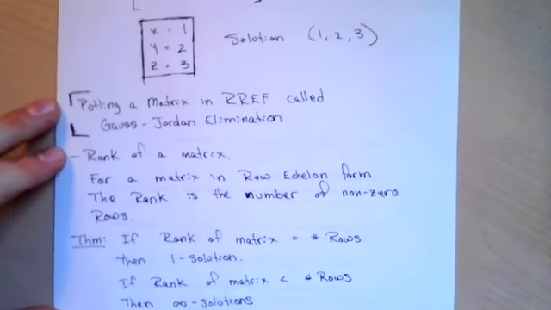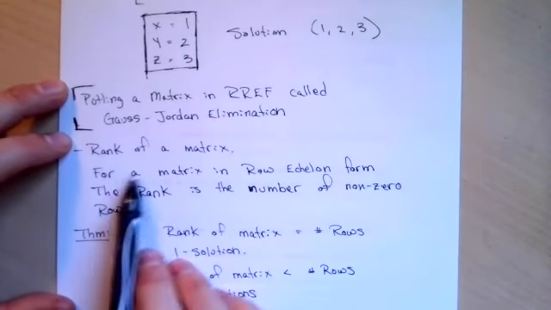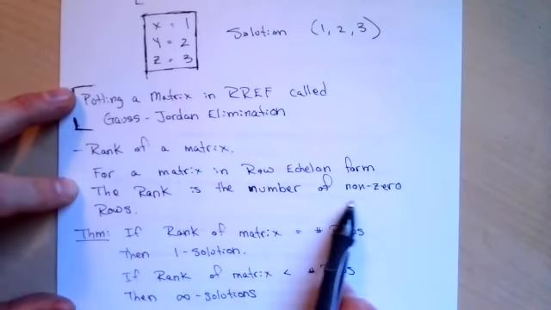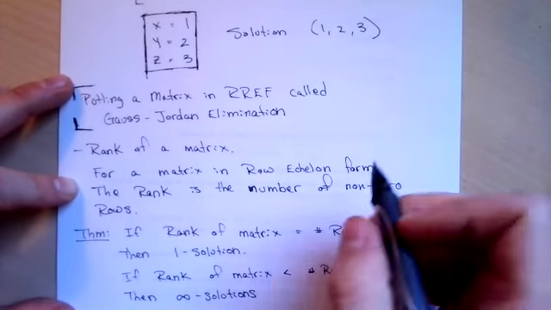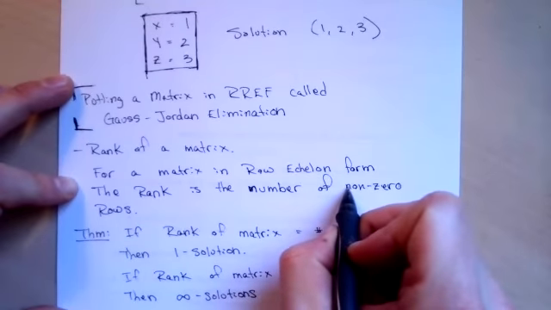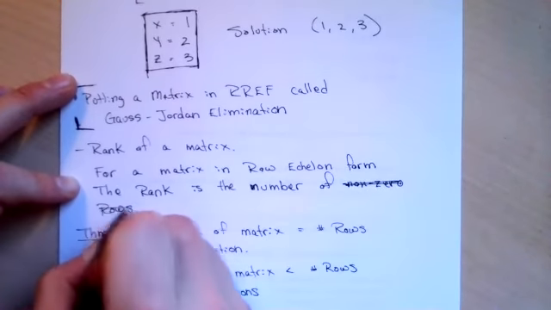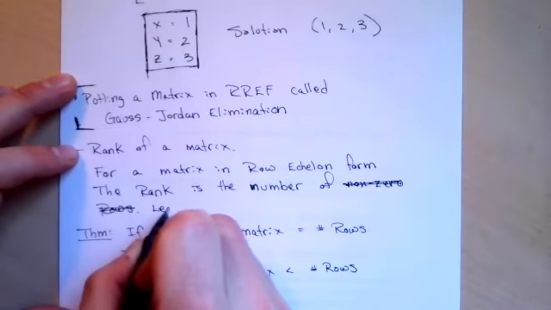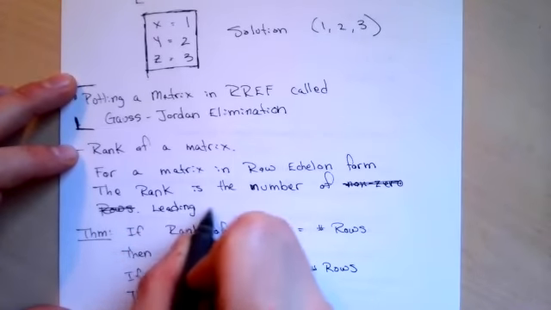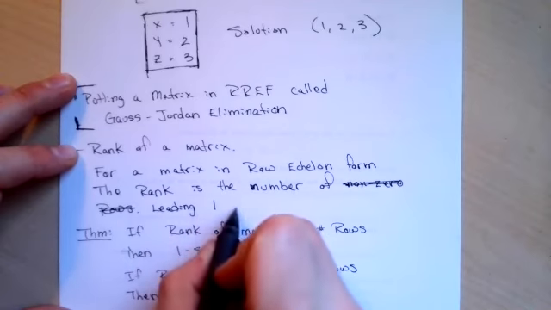So I've got to be a little more careful about our definition. For a matrix in row echelon form, the rank is the number of, not necessarily non-zero rows, let's say the number of leading 1 entries.